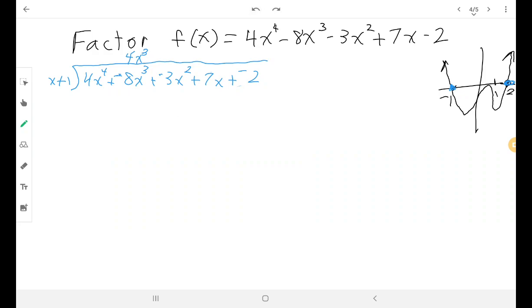So 4x cubed times x is 4x to the 4th, and that was the whole point, was to make those two the same, plus 4x cubed times 1 is 4x cubed. And then in long division, then you subtract these two things right here.